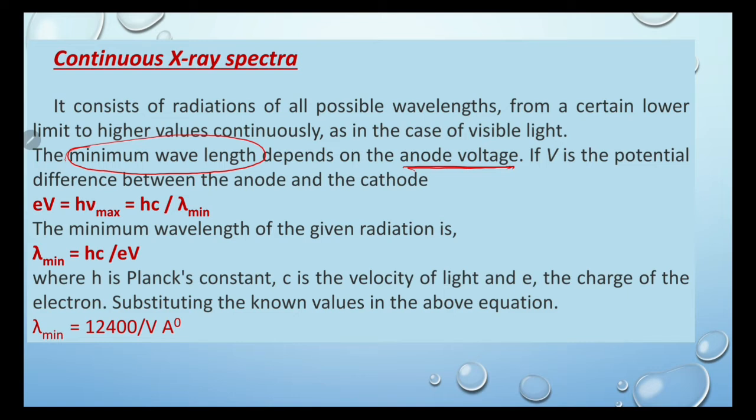If V is the potential difference between the anode and the cathode, then the relation between the minimum wavelength and V will be eV equals h nu maximum.